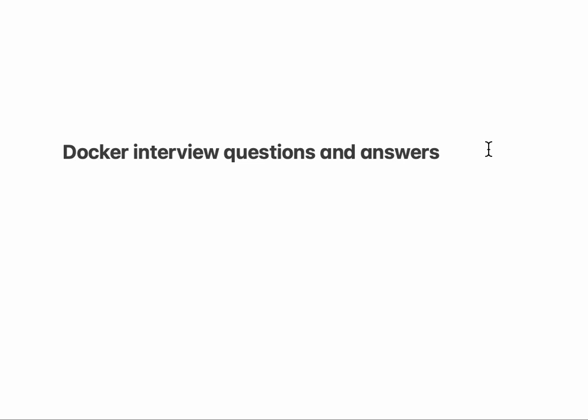Next question immediately: what is a Docker image? A Docker image is nothing but where the developer keeps all the source code to get your application. How can we get this Docker image?